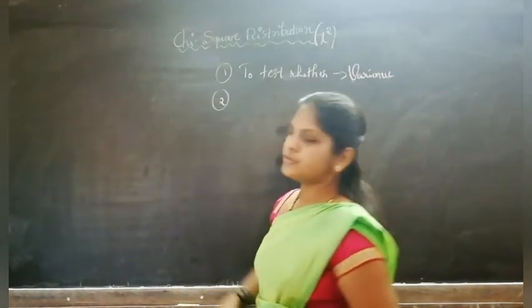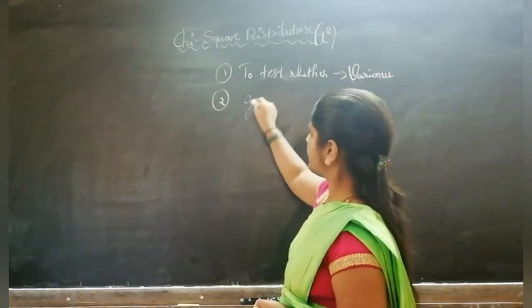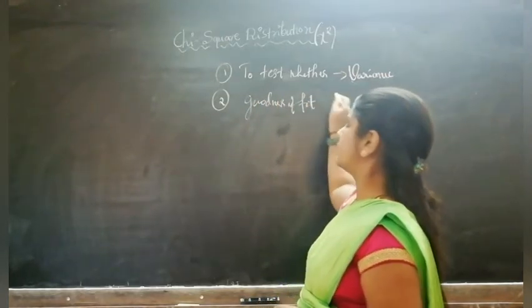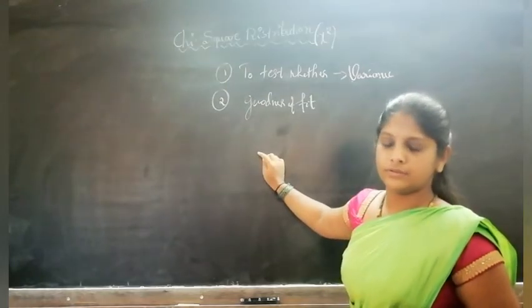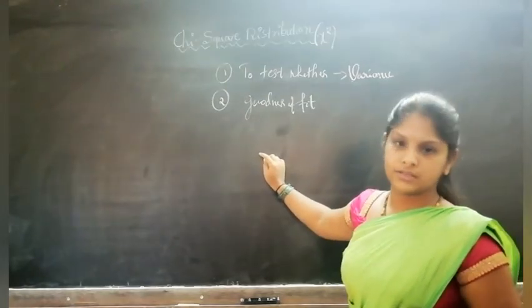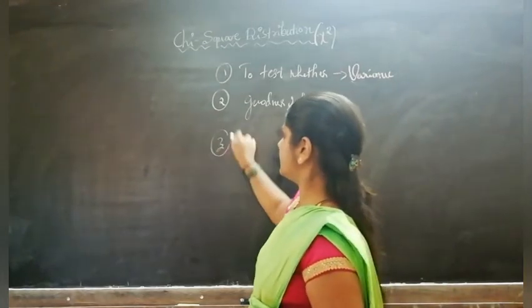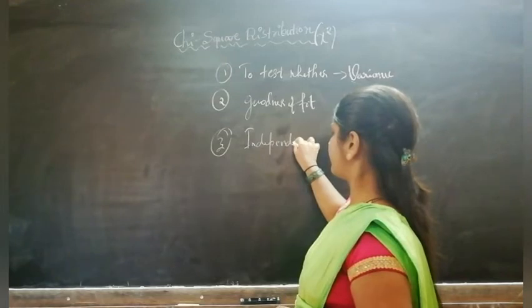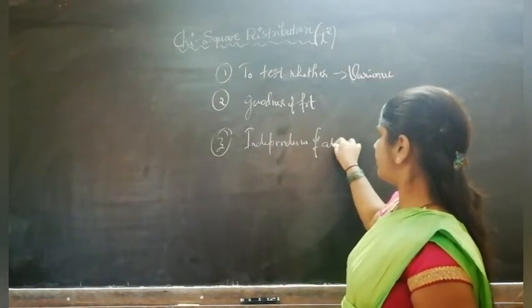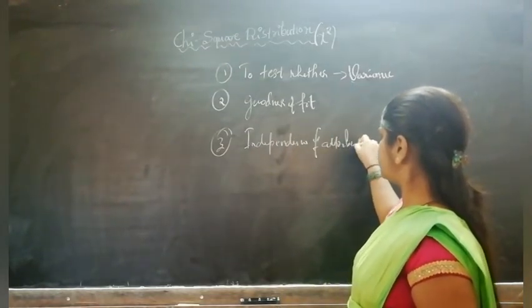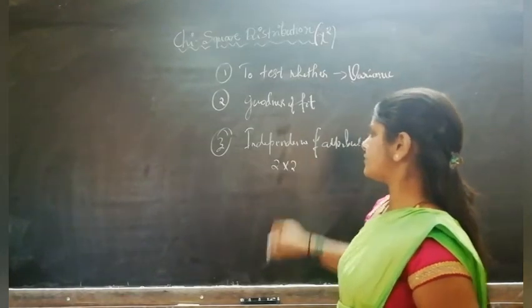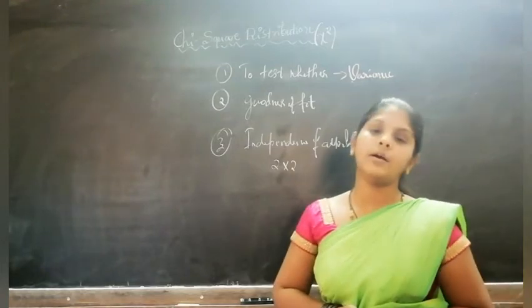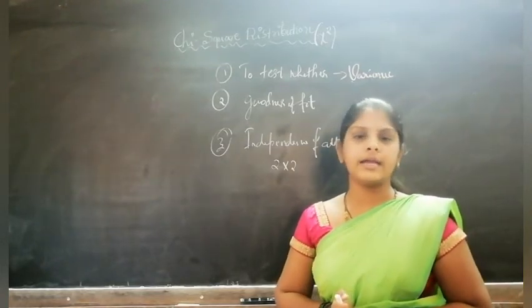Then it is also used to test the goodness of fit of a theoretical distribution to the observed frequency distribution. And the third one is to test the independence of attributes in a 2x2 contingency table. Okay, these are the three main applications or uses of chi-square distribution.